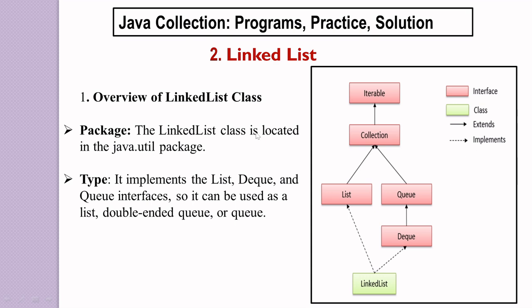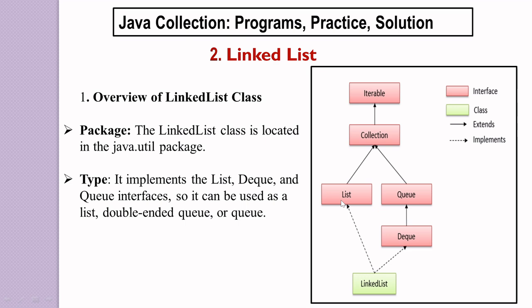Linked list is located in the java.util package, and linked list implements the List and Deque interfaces. When should we go for the List interface? When we want to preserve insertion order and allow duplicates, then we should go for List.